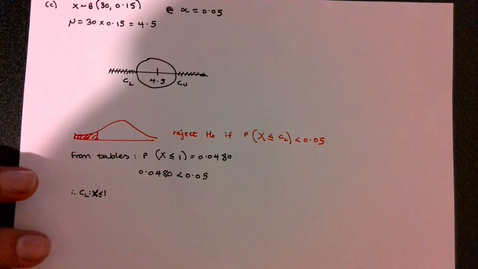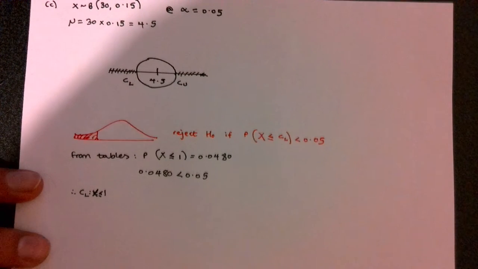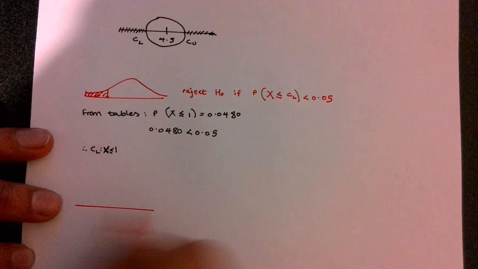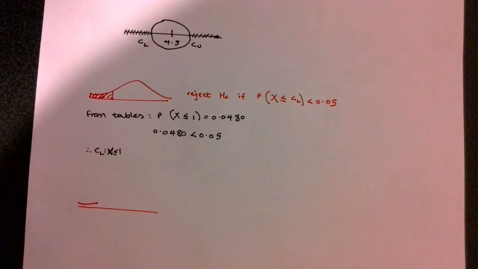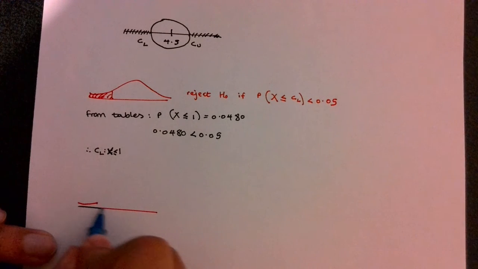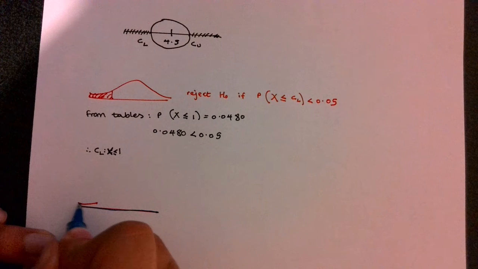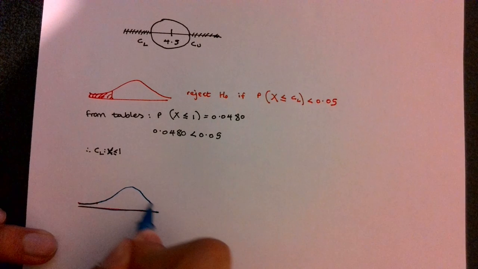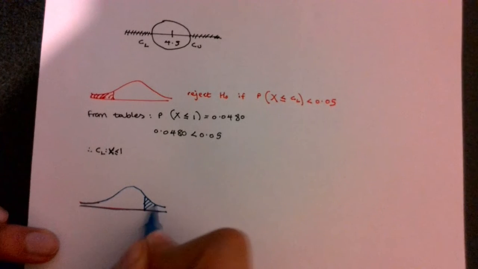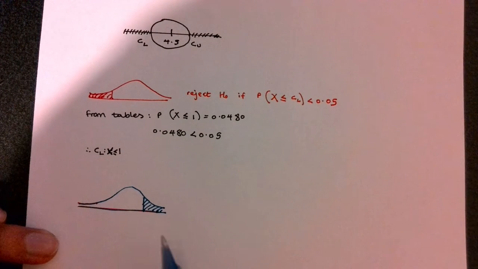Okay, that's our first critical region. And similarly, if we consider the upper tail, sorry, this should be in a different color. If we consider an upper tail, then we have over here the region where we reject H0.